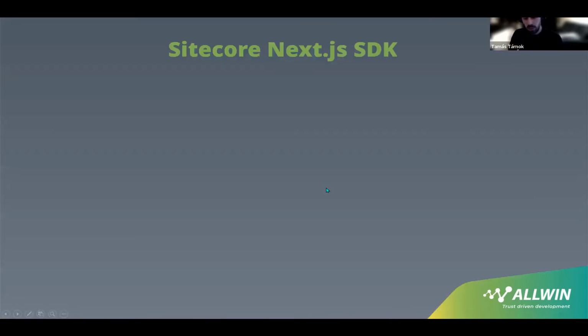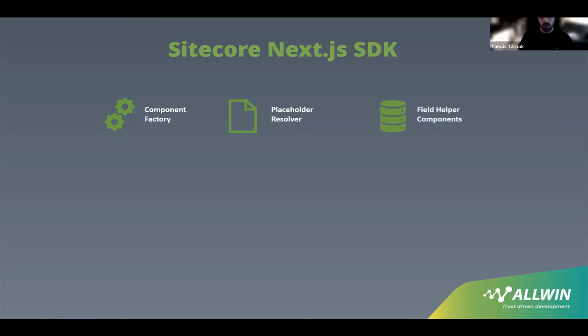So what we have in the SDK is the component factory, which is basically a registry for all the components which we are implementing, like a text component, image component, header navigation, and things like that. The next one is the placeholder resolver. This is responsible for resolving the layout and the placeholders in it, and it works together with the component factory.